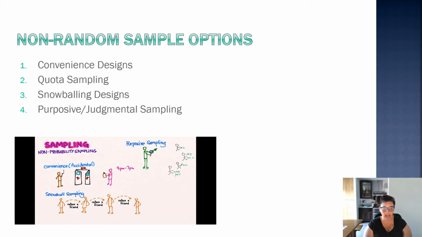Each time you get another person, hopefully you're getting 2 from the first one, and then 4 from the first 2, and then 8 from the first 4. It keeps snowballing. Actually, I think it would be 16 from that next 4. So you would ask them to continue to refer. That's a snowball sample.